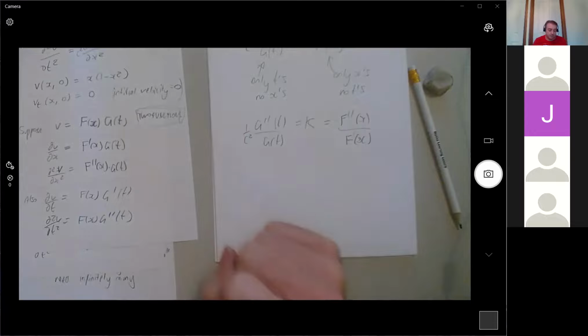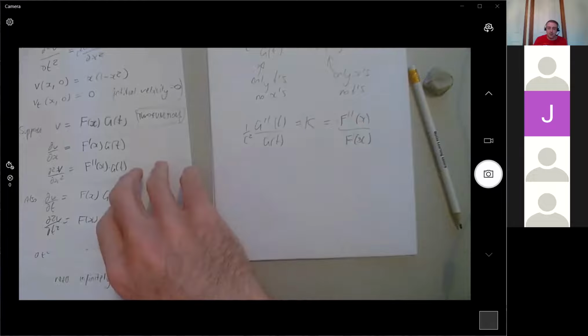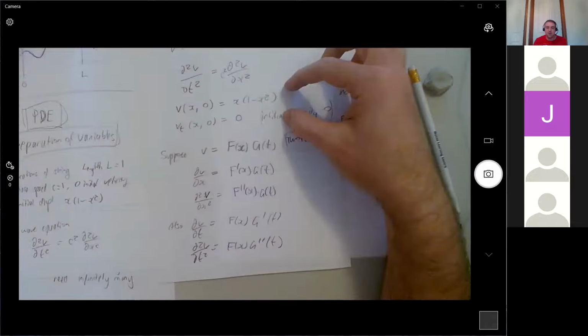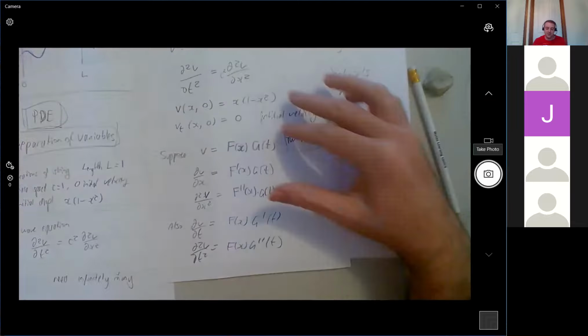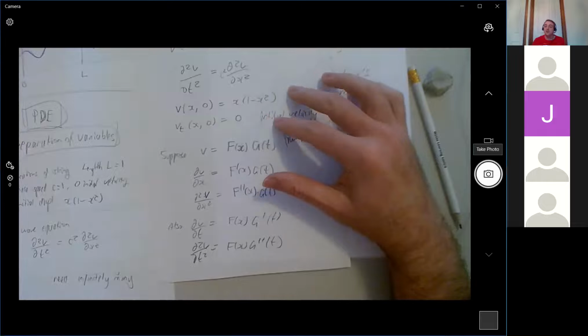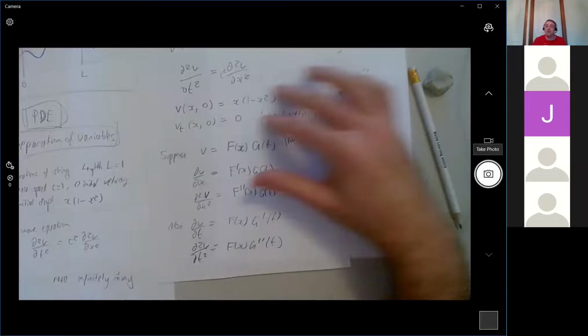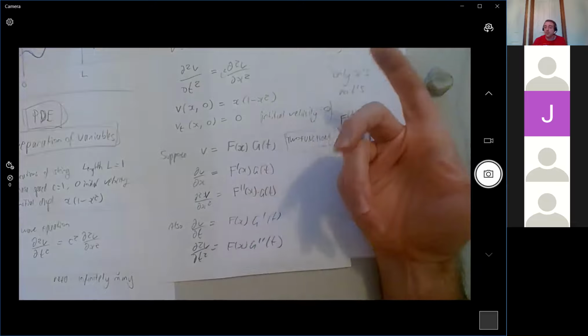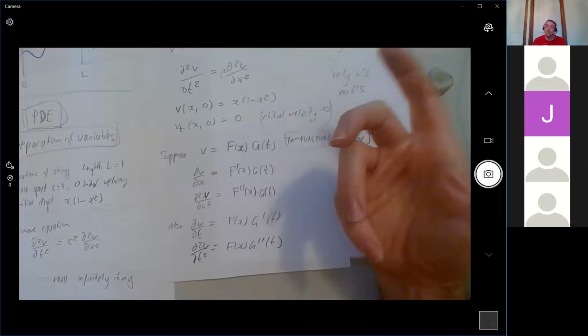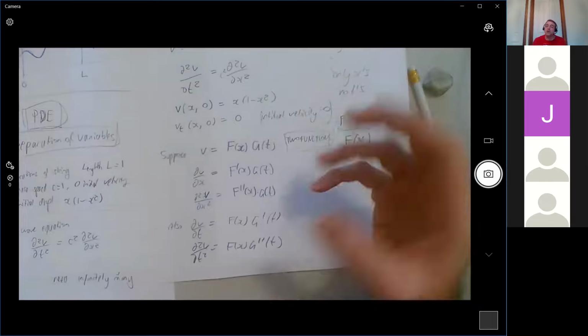But there is a problem in that these conditions here have not been dealt with in terms of the f's and the g's. So we need to figure out what the f's and the g's do to these equations before we move on. Just like when you do an integration by substitution, you have to get rid of all the x's and turn them into u's. Same deal.